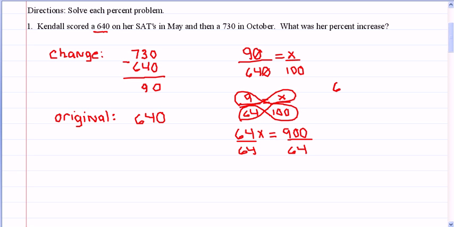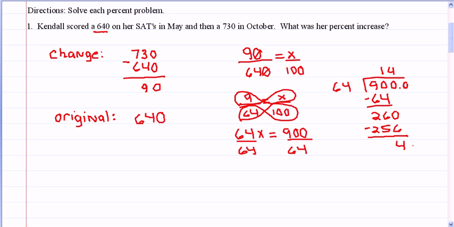And if I divide 64 into 900, I'll add a 0 so that I have 40, and then add another 0 so that I have 400.